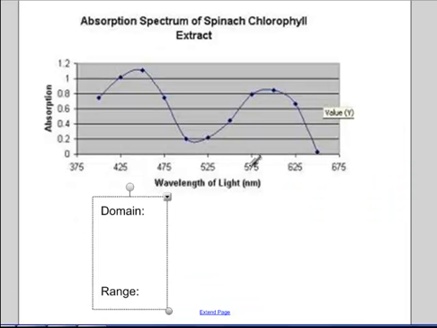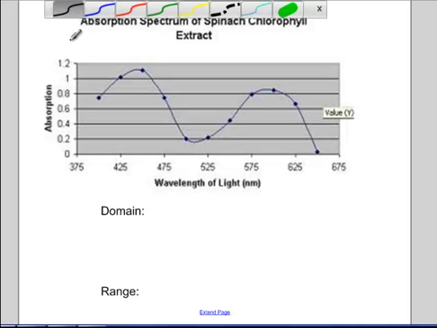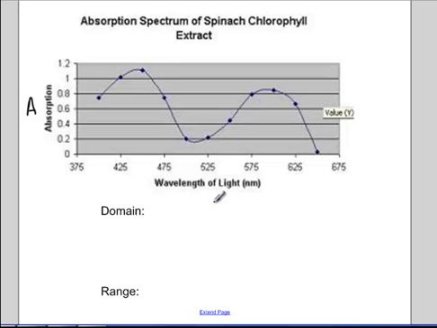Okay, again, we have our domain and range on this graph. It's wavelength on the independent axis, absorption on the dependent axis. So let's label this A, and we'll actually give this the wavelength symbol, the Greek symbol. And if we come down here, well, domain has to deal with my independent axis, so I'm going to use my set notation.